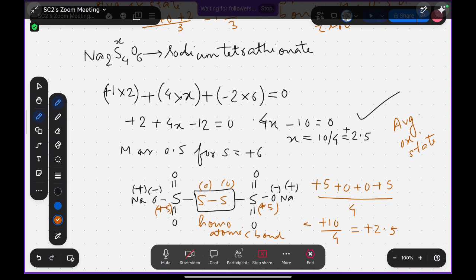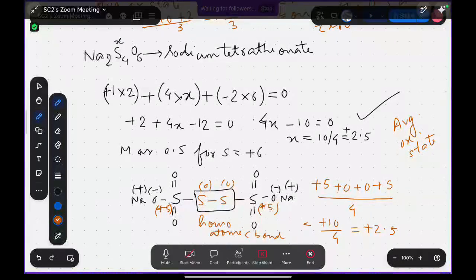Now the next question is when to think in this way. Whenever the oxidation state comes out in decimal, in fraction, think that all the atoms may not be having the same oxidation state. As I have shown you for carbon suboxide, as I have shown you for sodium tetrathionate, all the carbon atoms were not same, and here all the sulfur atoms are not same. 2 sulfur atoms having 0 oxidation state.